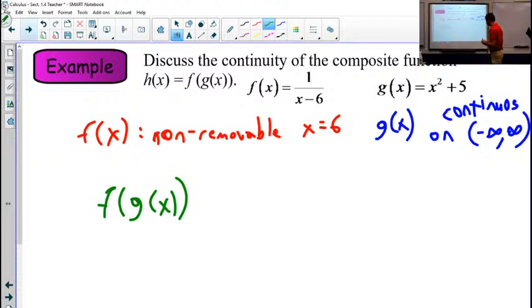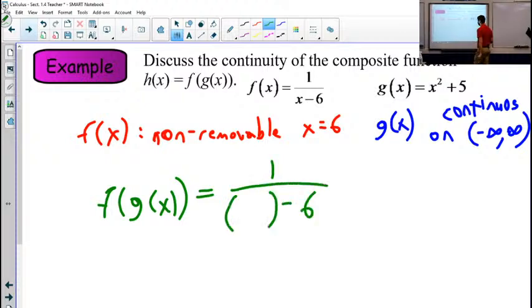Let's look. f of g says to take g and put it into f. So here's the structure of f: 1 over whatever we're putting in minus 6. What are we putting in?